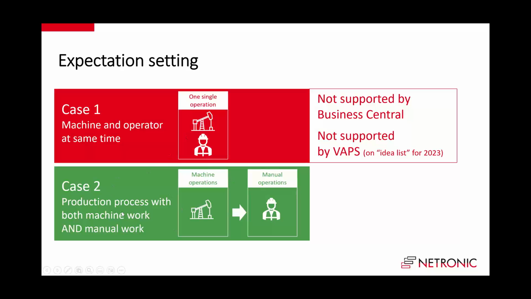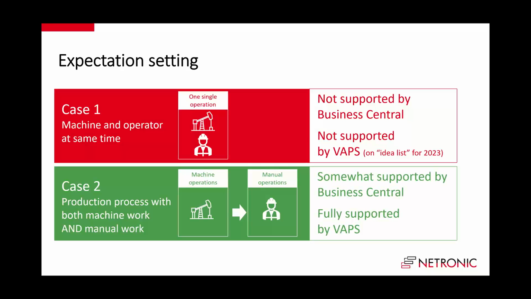But the latter case here, this is something that, of course, you can model with Business Central. And this is something that we fully support with the VAPS. And so the rest of the webinar, I will talk about this second case, where you have the combination of machine-centric operation on the one hand and manpower-related operation on the other hand.